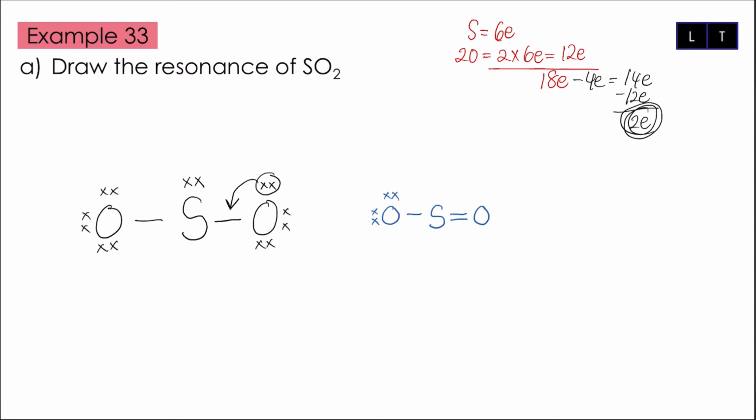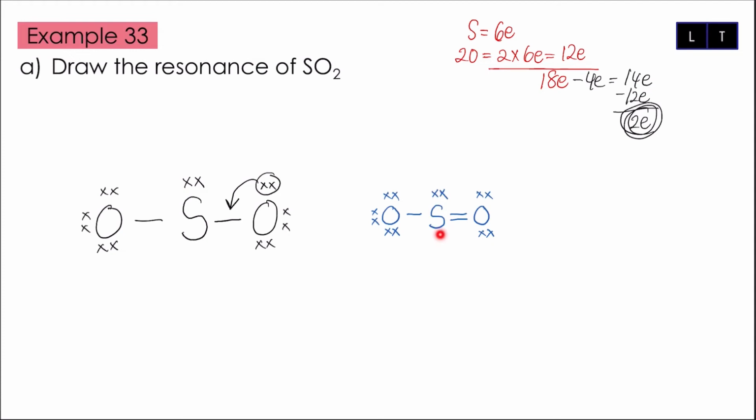The oxygen at the left still has 8 electrons with 3 lone pairs, and then the oxygen at the right has 2 lone pairs left because one of them already made the double bond. So what you can see here, sulfur achieves octet stability with 1 single bond, a double bond and a lone pair. So you got 2, 2, 2 and 2, 8 electrons. So this is the first structure of SO2.